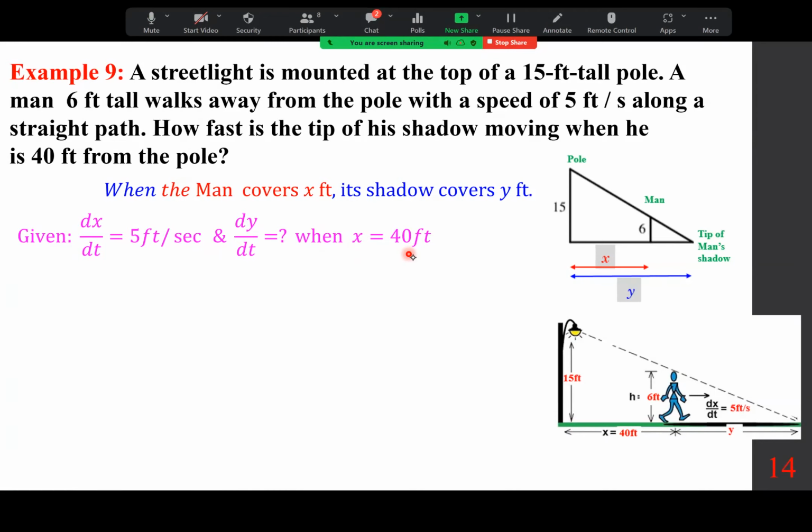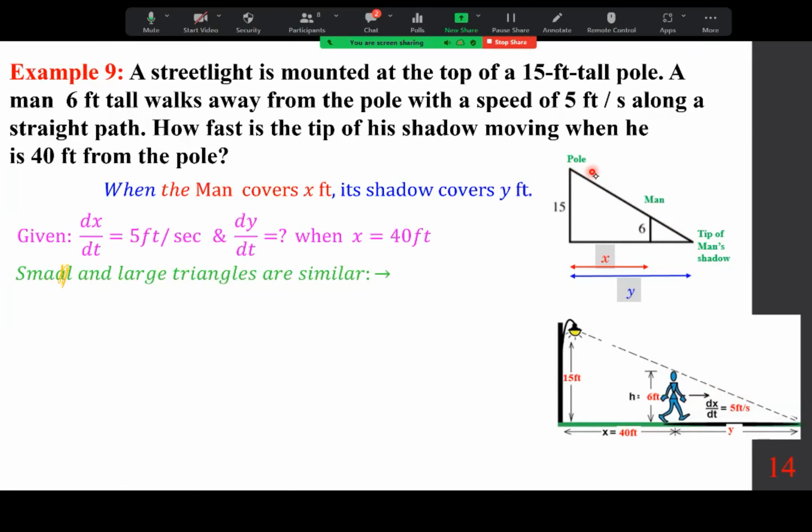Well, again, we have a small and a large triangle. If you look at this one or this one, it doesn't matter. This small one and this large one, the two triangles are similar.